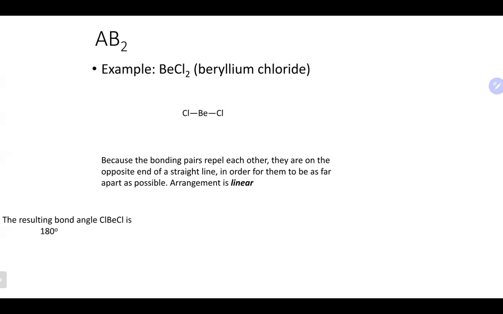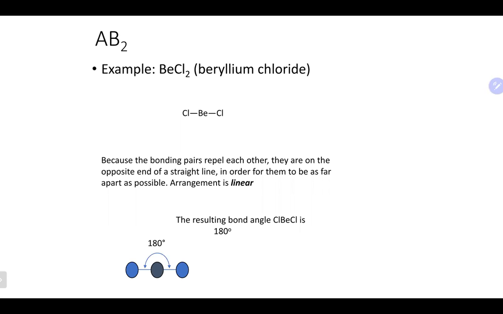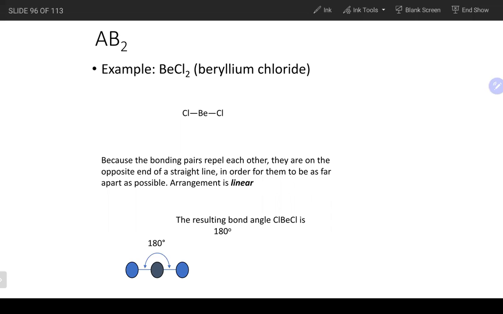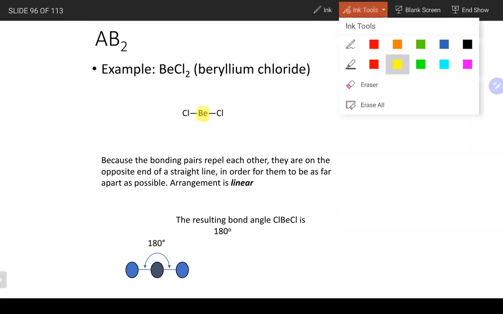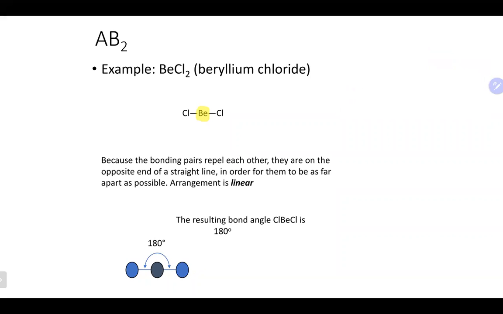Let's talk about what happens when we get three or more atoms together. So let's take a look at this. Now, when we look at our Lewis structure, once again, we want to focus in on the central atom. So in this case, it would be the beryllium. And personally, these are the two things that I look for when I count and do geometry.